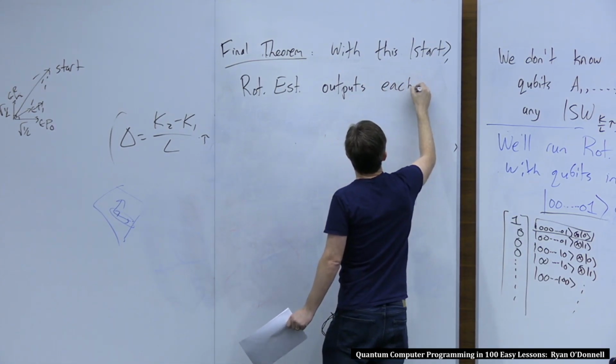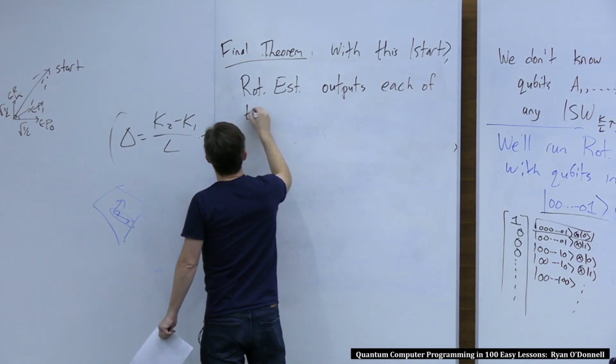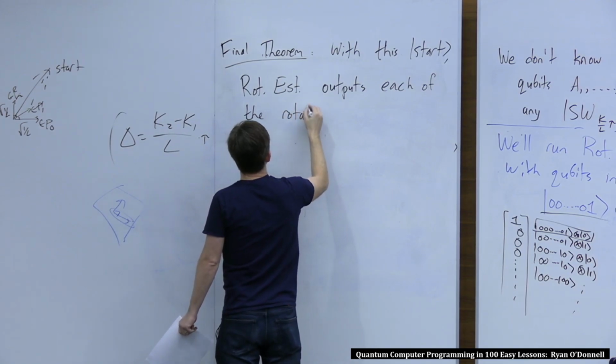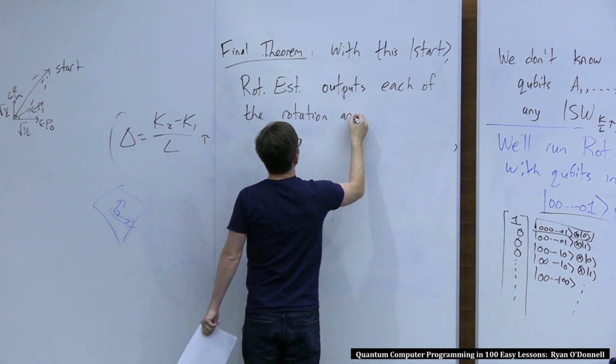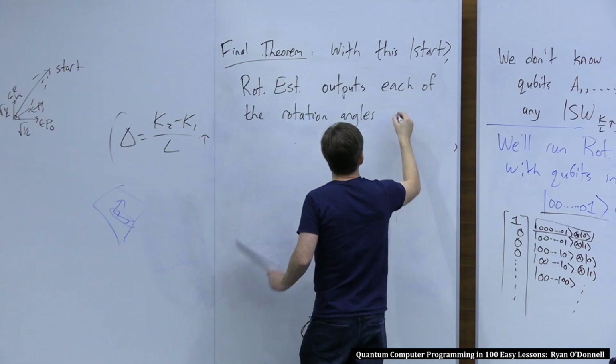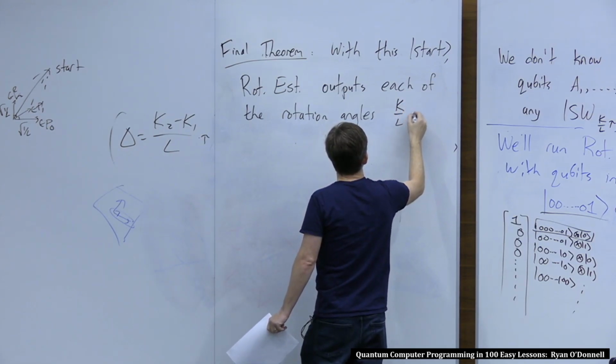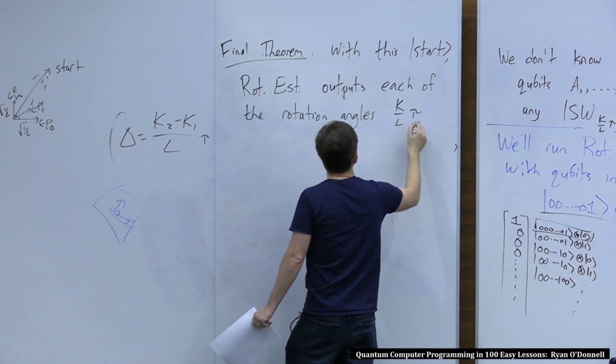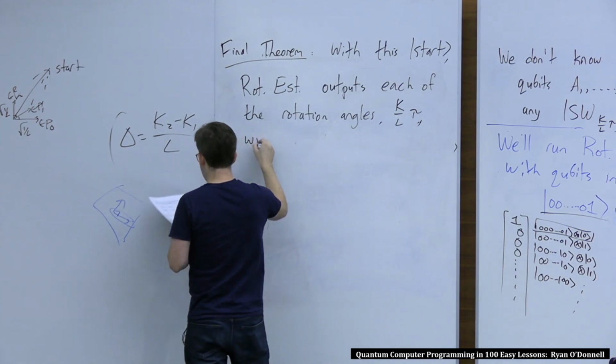Each of the rotation angles K over L tau with equal probability.